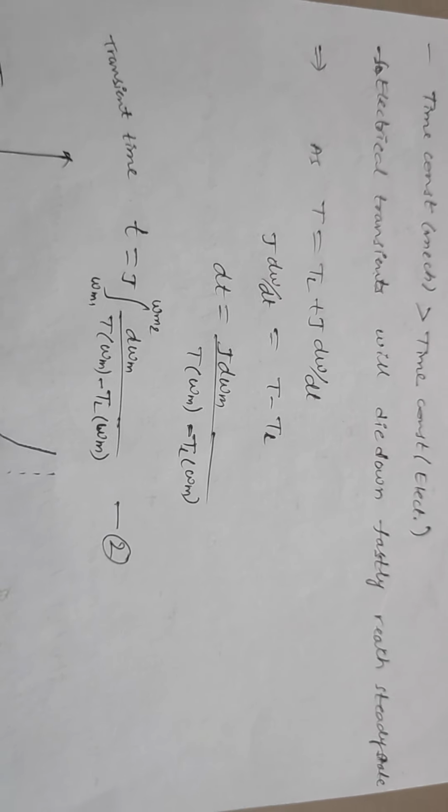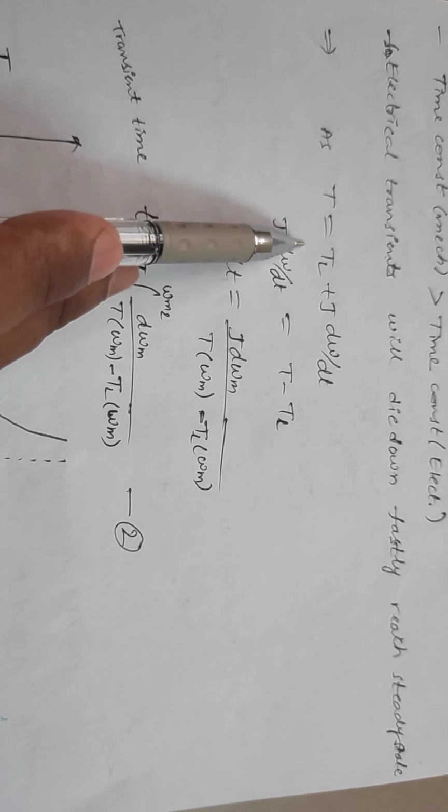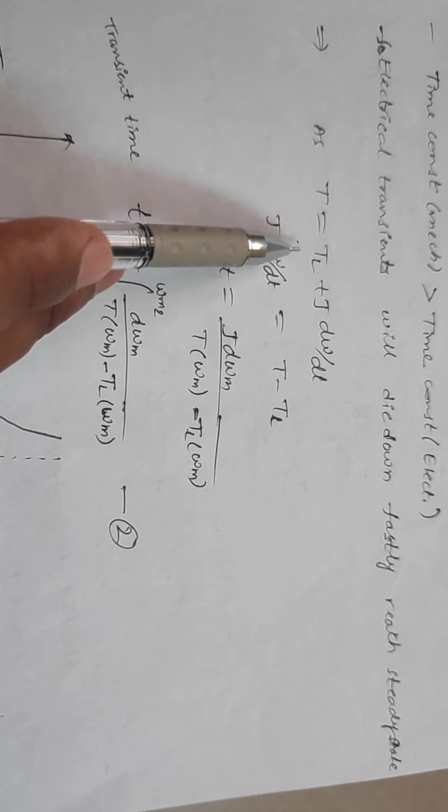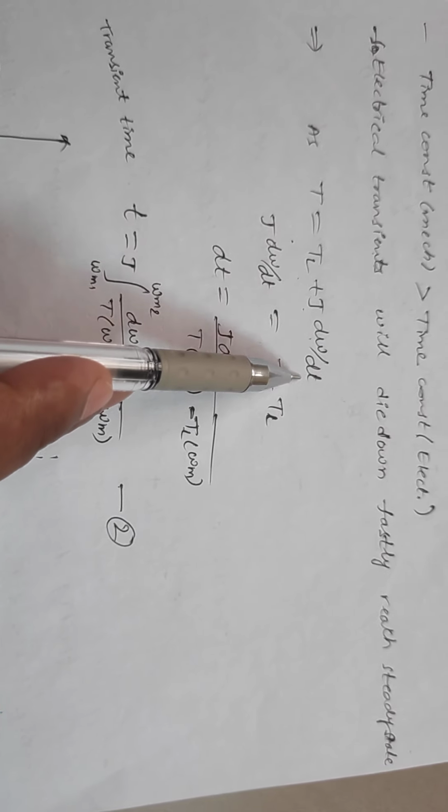Here we calculate the transient time and the energy loss by using the torque equation. Torque T is equal to TL plus J into d omega by dt.